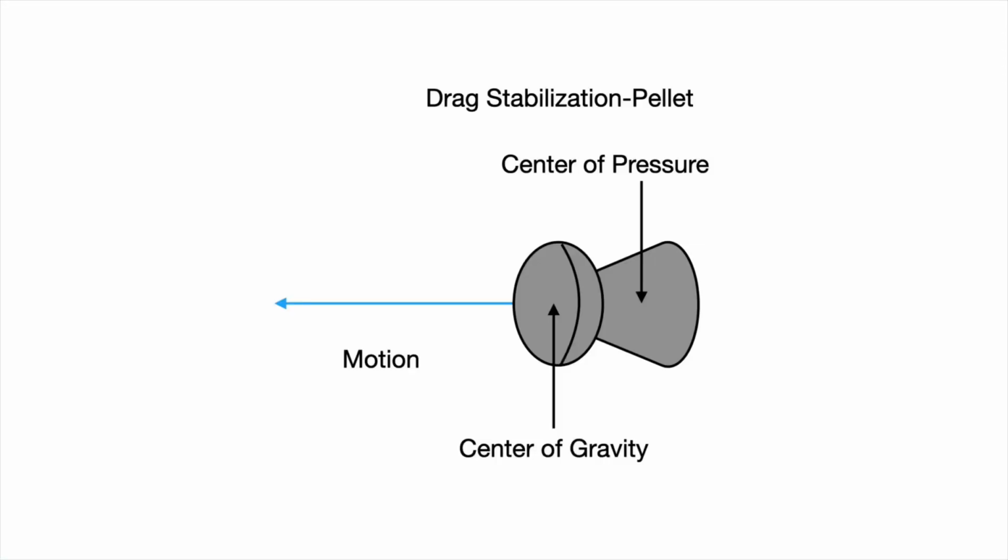So where a slug is spin stabilized, a pellet is drag stabilized. What that means is as the pellet is moving through the air towards the target, air is pulling back on the skirt, and it creates a center of pressure behind the center of mass or center of gravity. And so it doesn't need rifling to stabilize it on its path to the target.